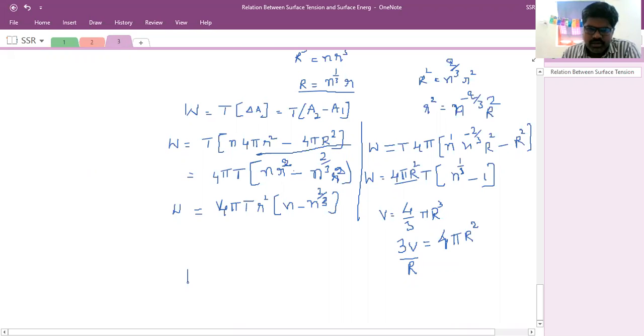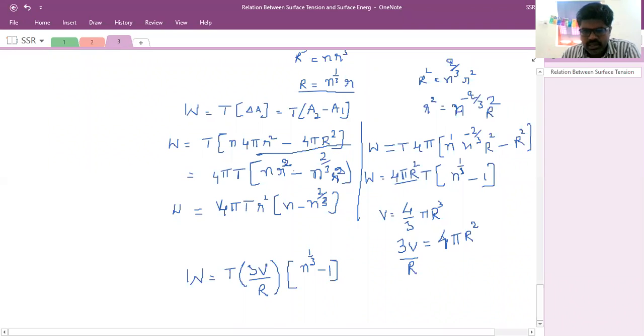Then from the above equation you can write W is equal to T into 4 pi R square, means 3V by R, into n power 1 by 3 minus 1.